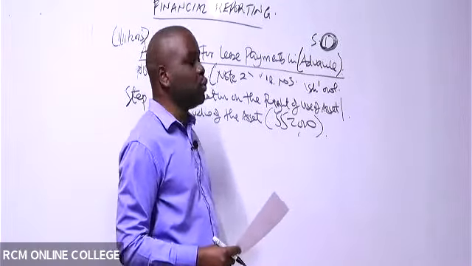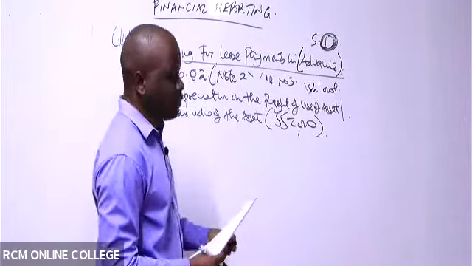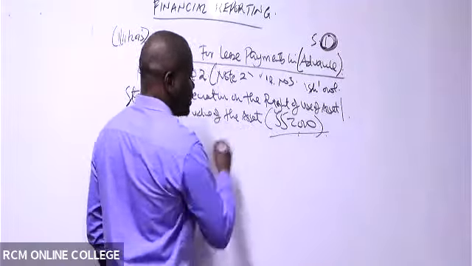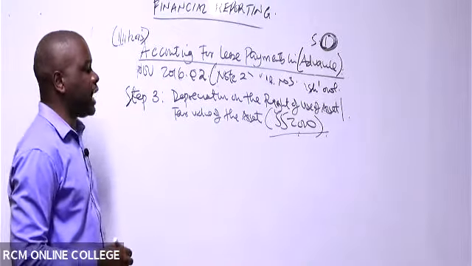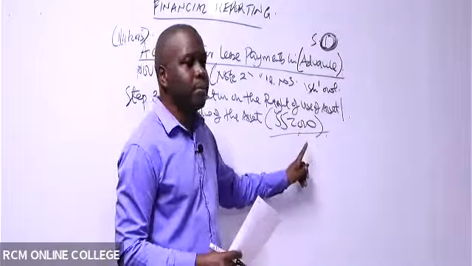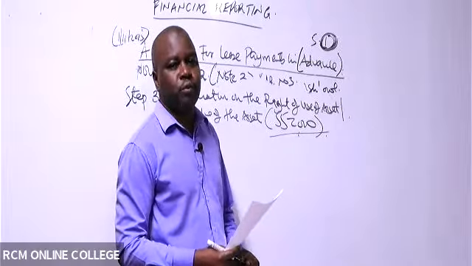This is how you're supposed to arrive at it. And therefore, for this particular question, we'll use what he has already provided for us, the fair value of the asset. Let's use 552 million as he has already provided it for us.